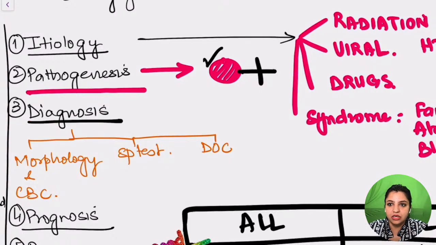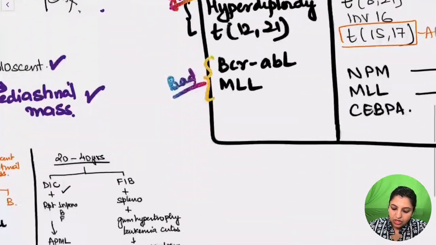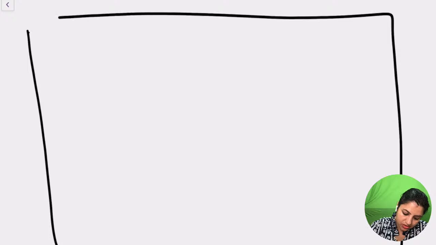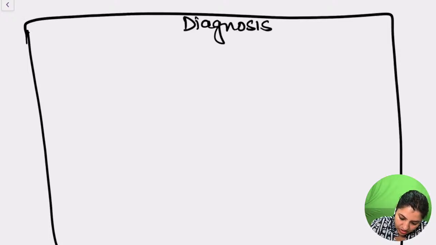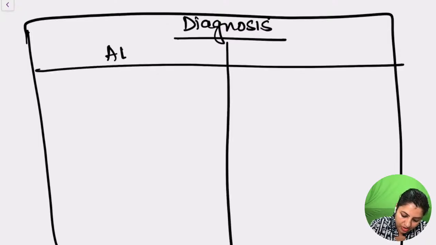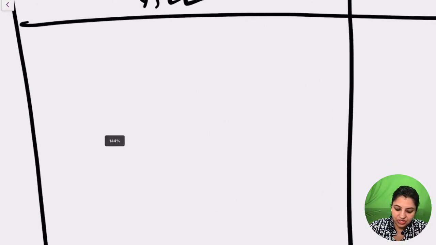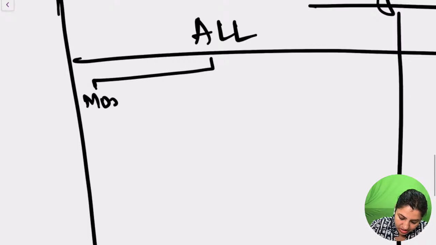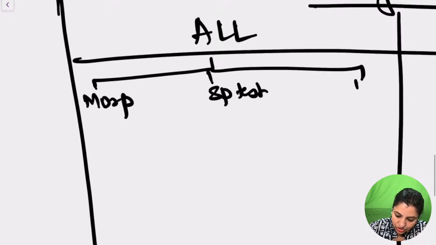Coming to the third heading, diagnosis. Again, I'm drawing the same chart here for you to remember it easily: ALL and AML. First let's finish ALL. Whenever I'm talking about ALL, there are three headings: morphology, special tests, and diagnosis of choice.